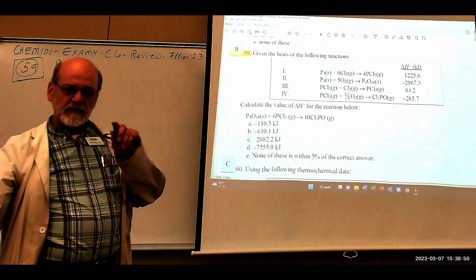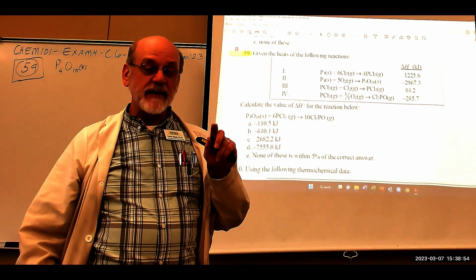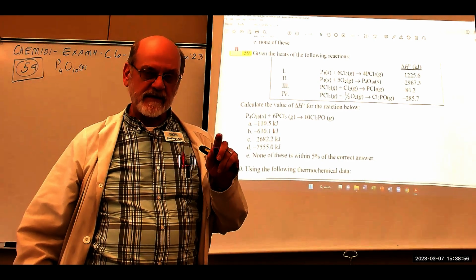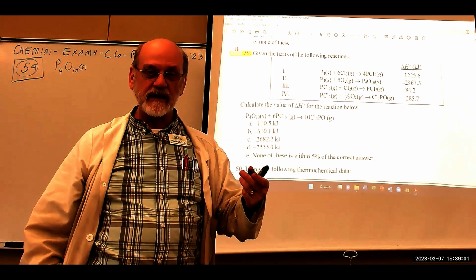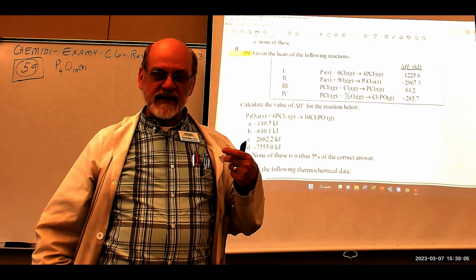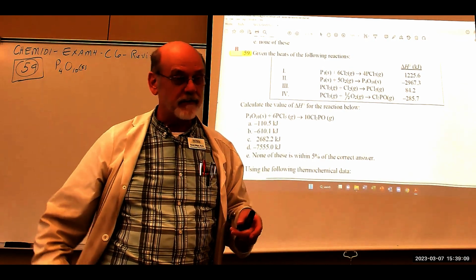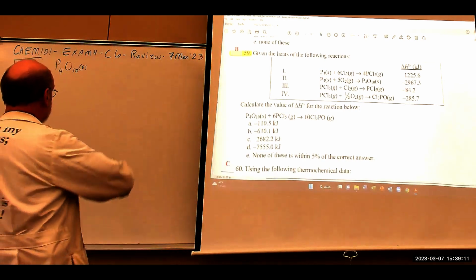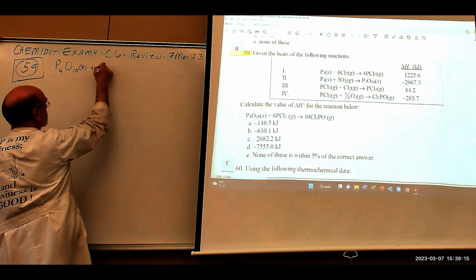And when you're using Hess's law, sometimes it's important to know what the phase is, because some phase changes are incorporated in the reactions. And you need to know what the phase is, because there will be an enthalpy associated with any phase change as well. So we're going to include the phases just to be careful.